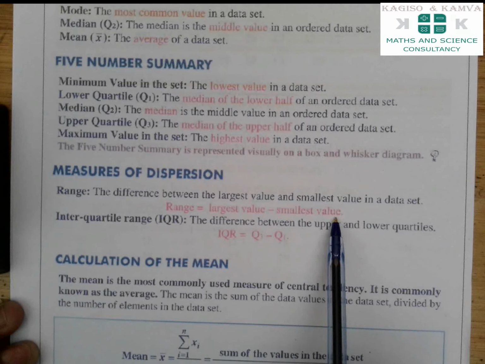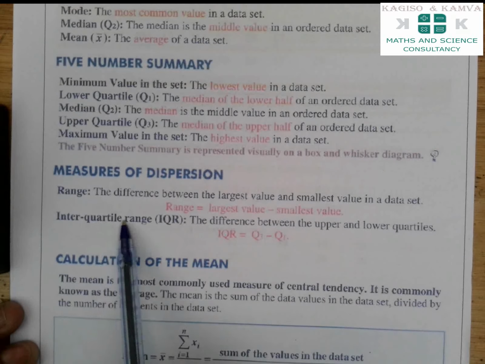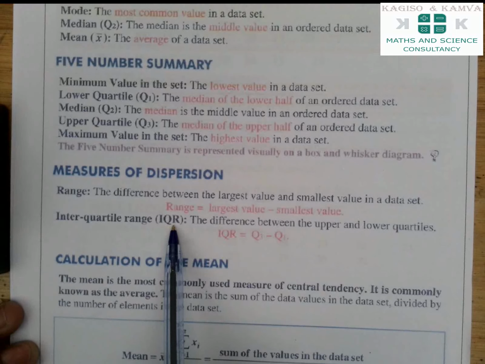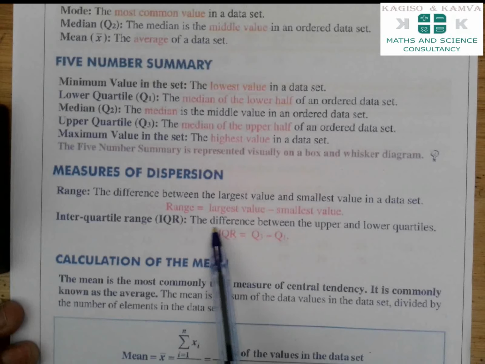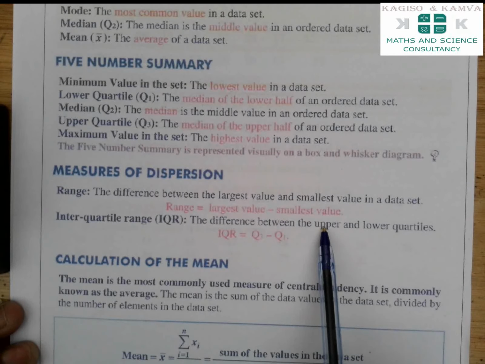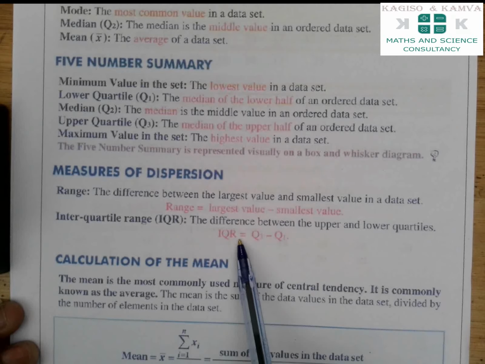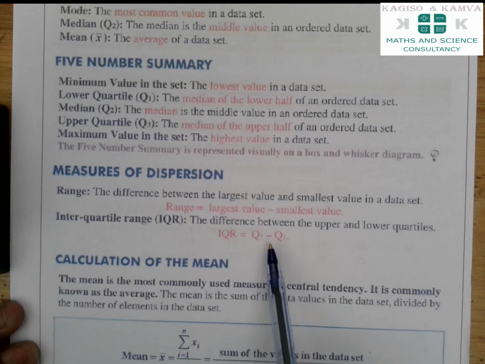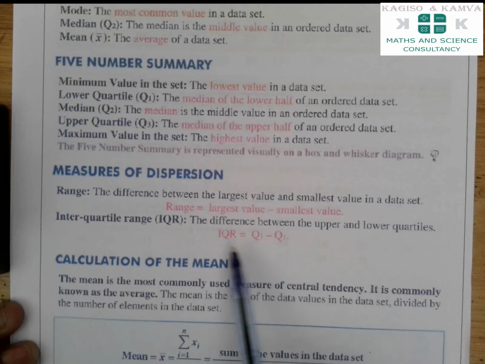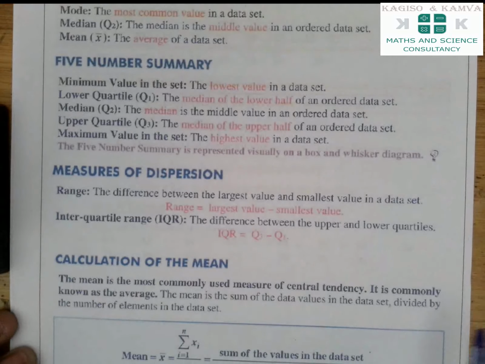The interquartile range, IQR, is the difference between the upper and the lower quartiles. Interquartile range is equal to Q3 minus Q1. So we will be using this to calculate the interquartile range.